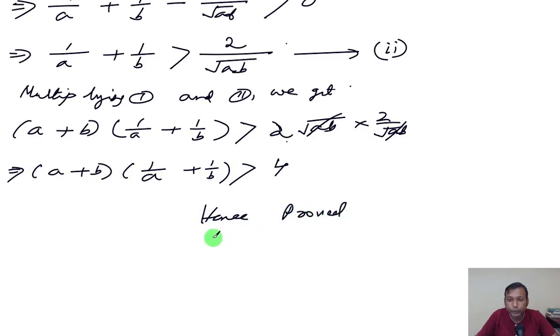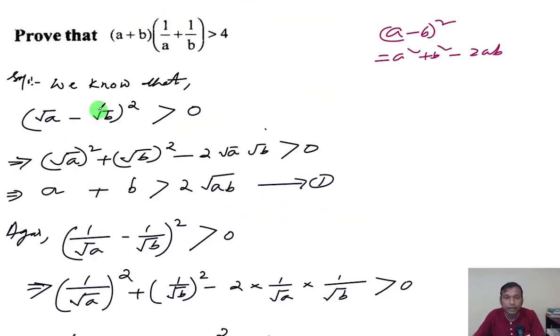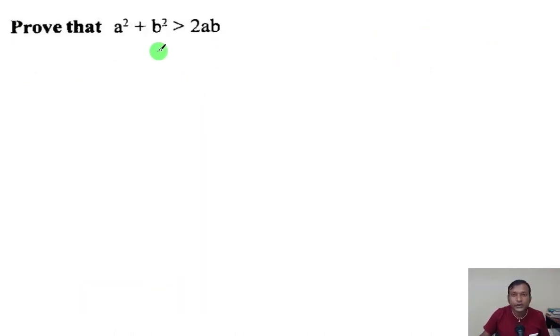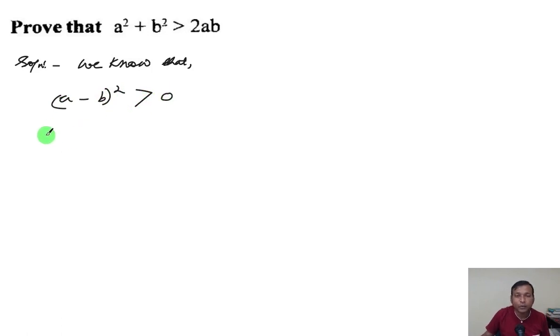So this way we have proved that a plus b into 1 by a plus 1 by b is greater than 4. Next, a square plus b square is greater than 2ab. We know that the square of any number is always non-negative. So this one, we know that a minus b whole square is greater than 0 because the square of any number is always positive.